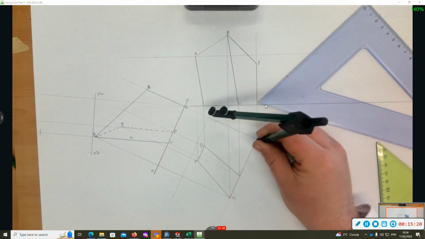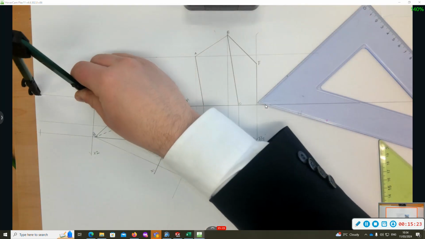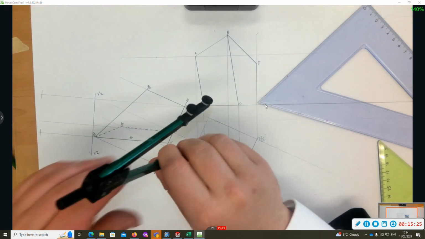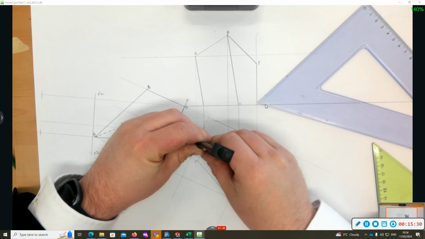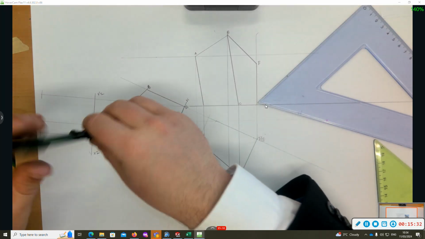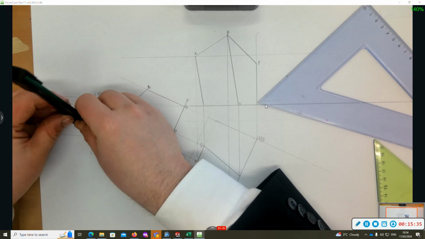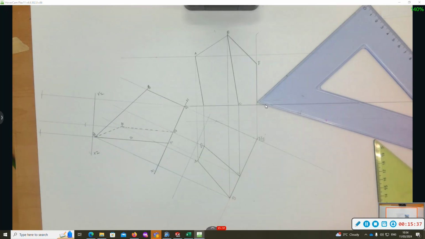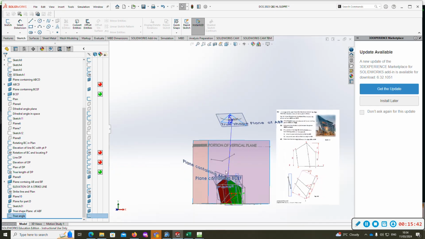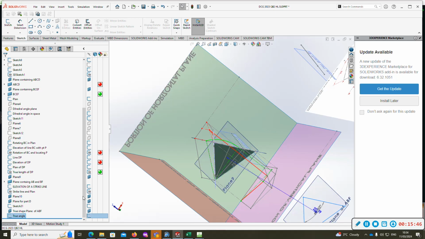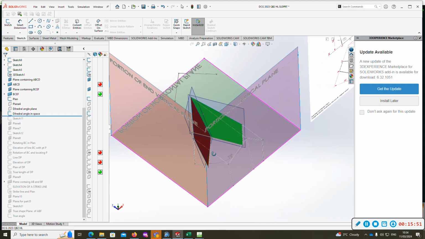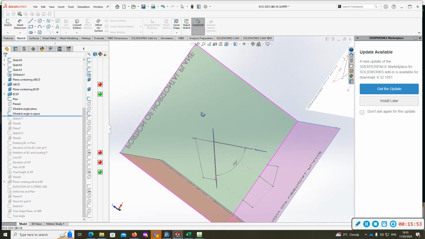Point E is going to be the same distance as they're parallel. And then we just need the distance of D. So D there, and I'm going to project from D. And now, this is the two surfaces projecting as edge views. You can see them projecting as edge views there.